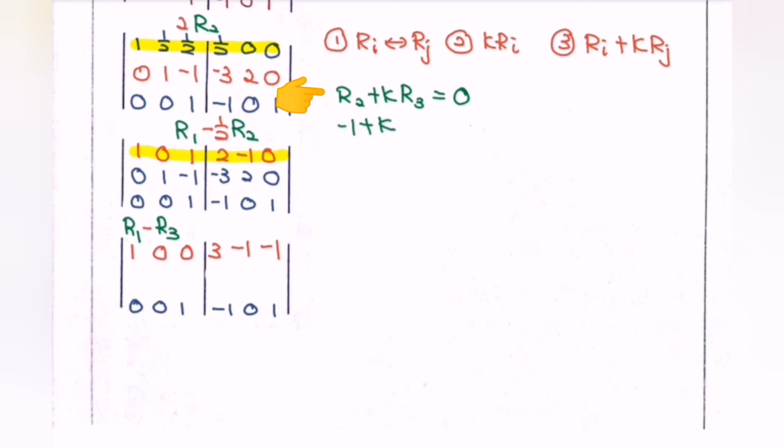For the third column, third row, we have 1. So the k is equal to 1. So for this part, the formula would be R2 plus R3. So meaning that we have to highlight another part, this color. So that will be our focus.